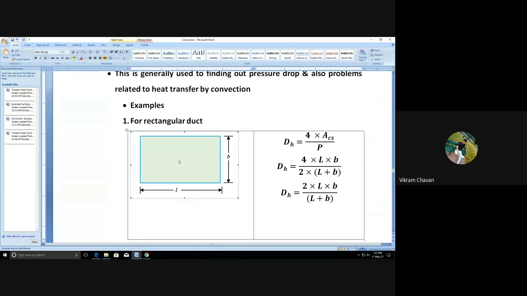Rectangular duct, draw the diagram and you can write these equations.